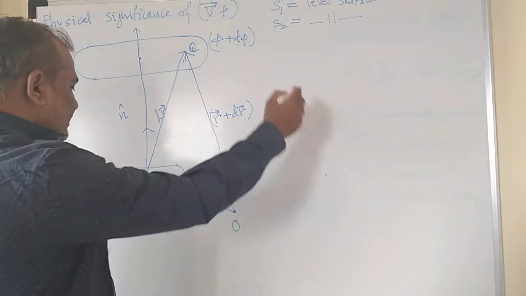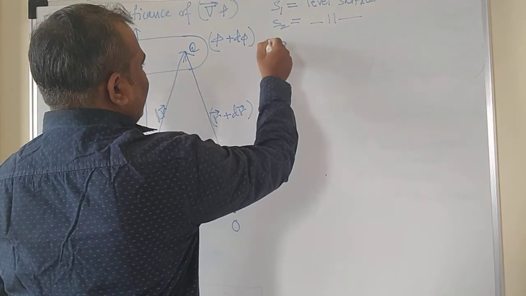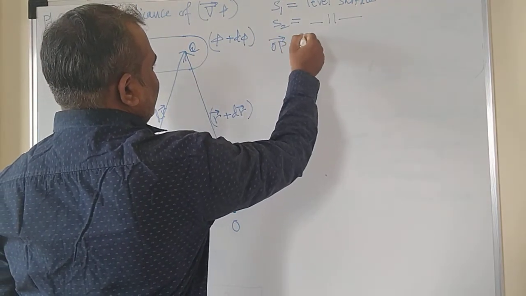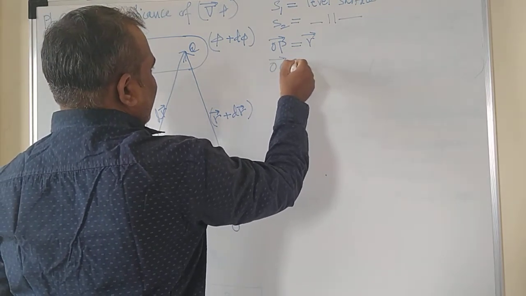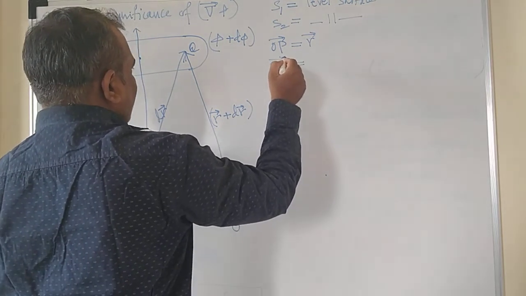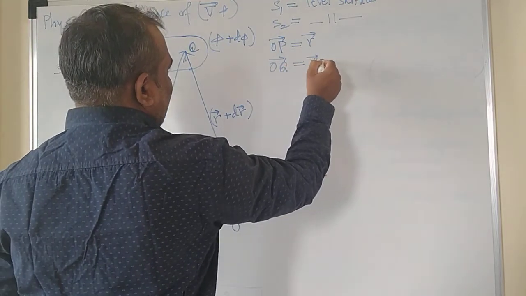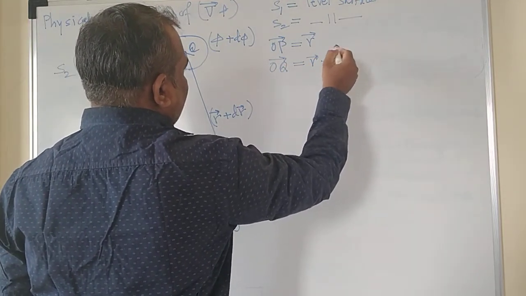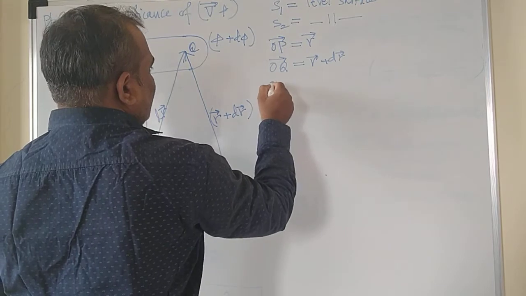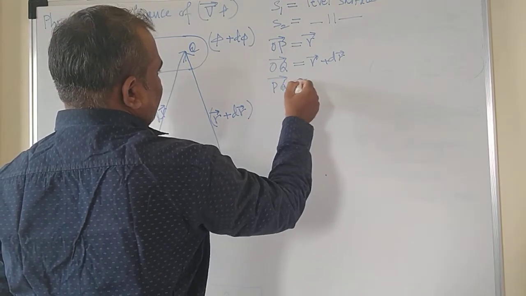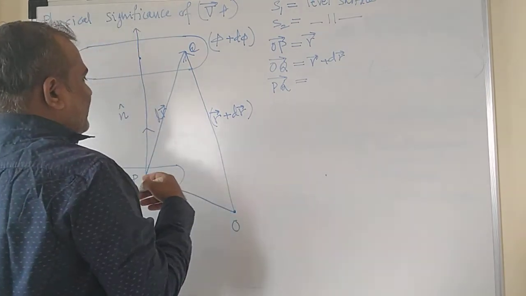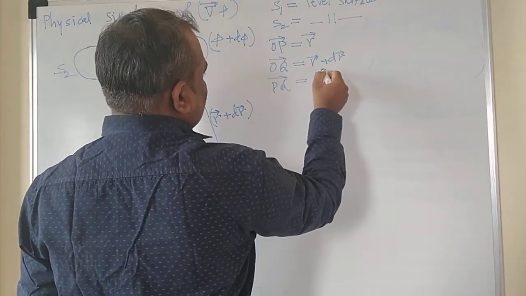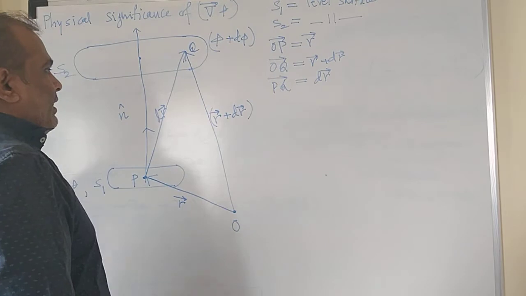Clear? So I can say OP bar is a position vector, and the value of this position vector is r bar. Similarly, OQ bar is also a position vector for point Q, and this is equals to r bar plus dr bar. Similarly, PQ bar is the connecting length between point P and Q, and this is equals to dr bar.